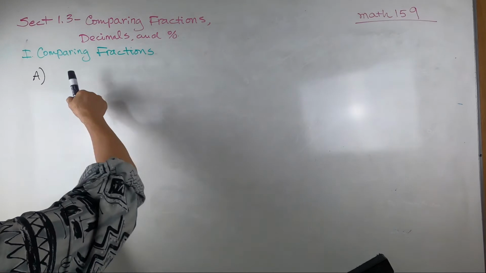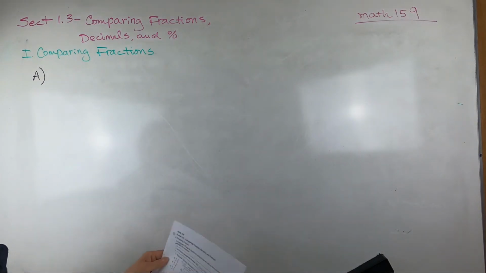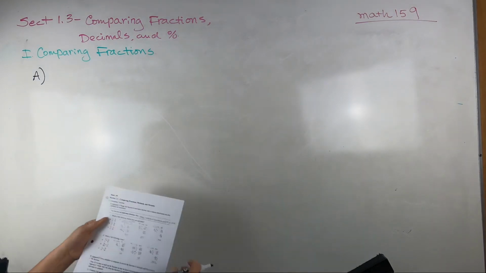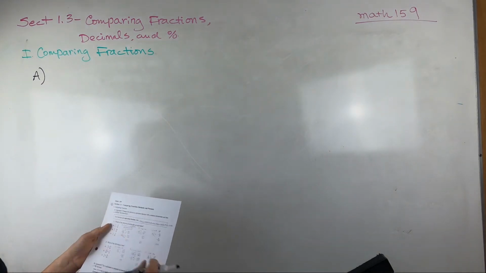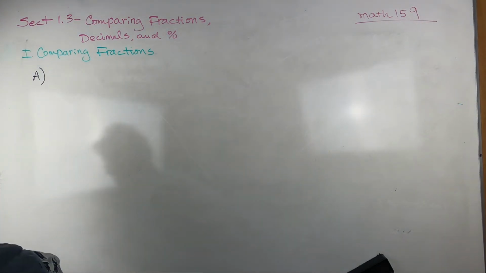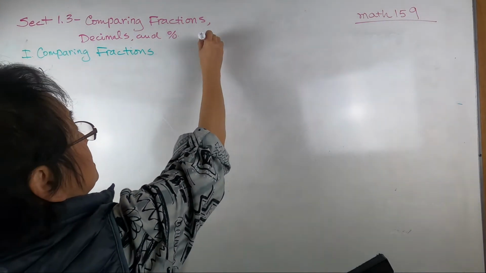For comparison, we're comparing the fractions first. How do we compare them? For two fractions, we say they are equal, meaning what? If two fractions are the same, remember last section?